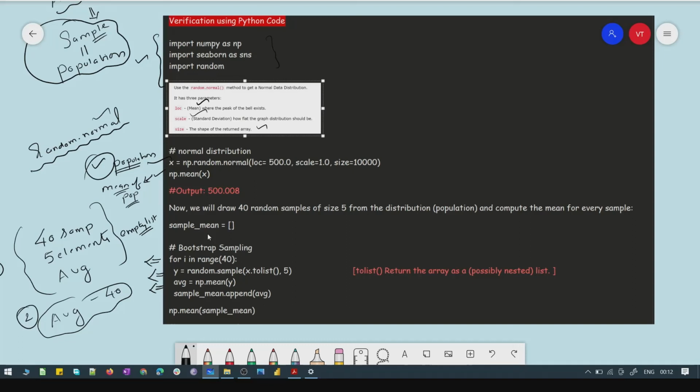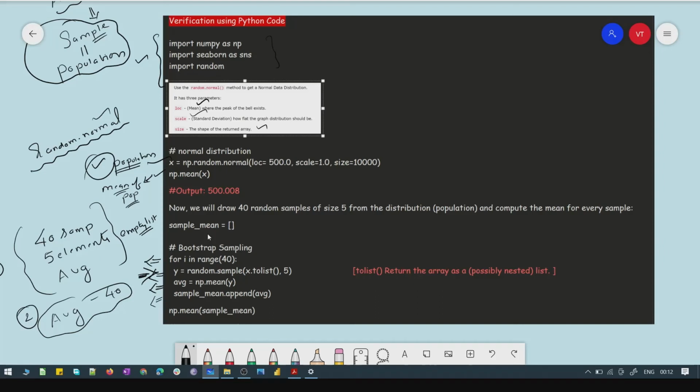That's what this line of code is talking about. After that I find the average for those 5 elements, storing it in the variable called avg. That's what the first 3 lines are doing. And this empty list which I created before gets appended with that average value. That's what the 4th line of code is doing.